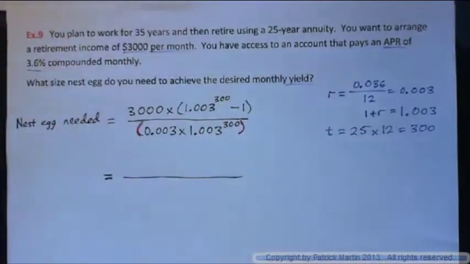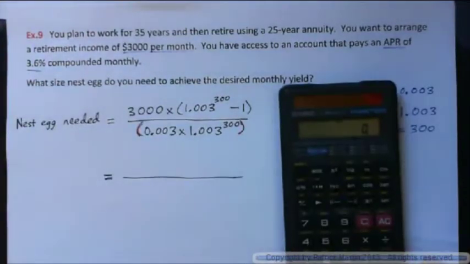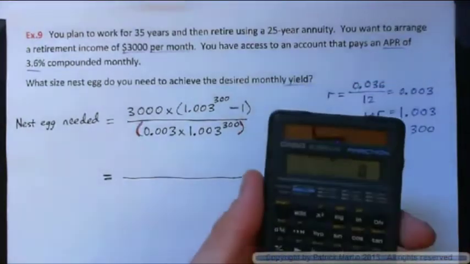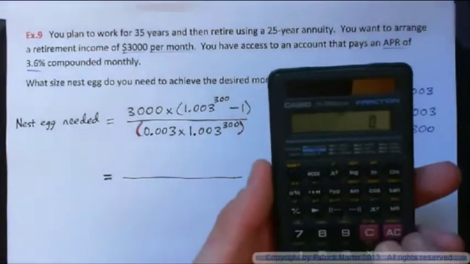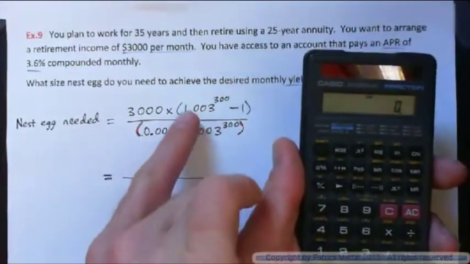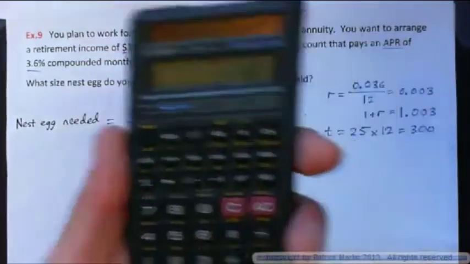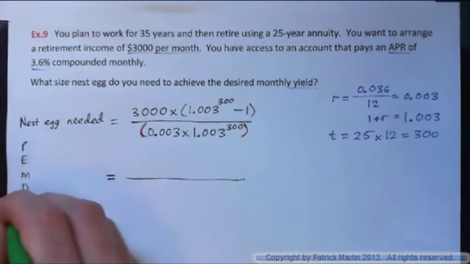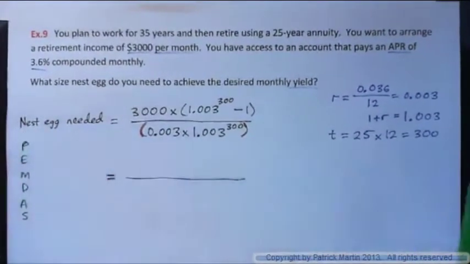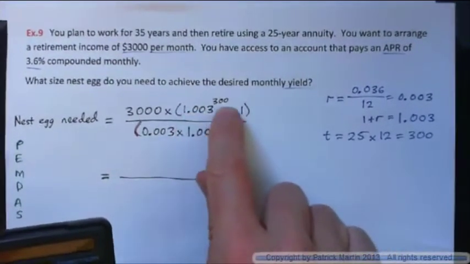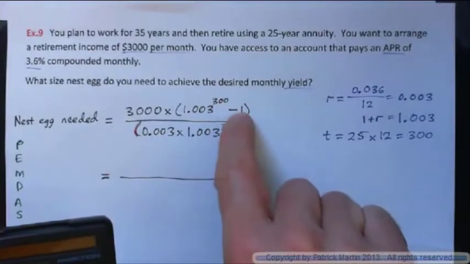So we'll do the top first. I hope you pressed pause and tried it. I'm going to do it now. If you're using a simple calculator, you've got to think about PEMDAS, order of operations. So what do you do first? You do parentheses first, and inside there we have an exponent and a subtract.